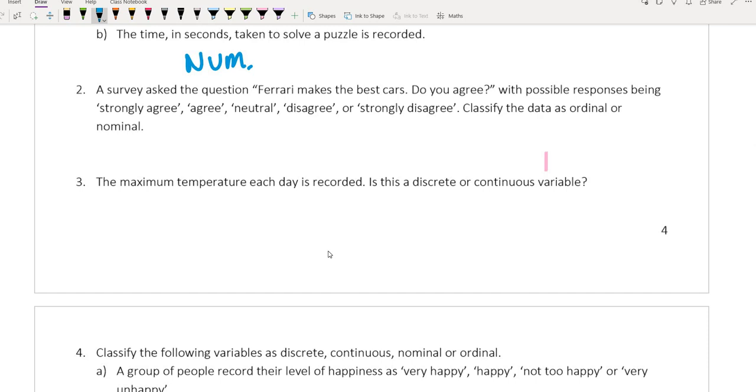And the next question is a survey and ask the question, Ferrari makes the best cars, do you agree? And these are the responses that you're given. So these responses are in categories, so they're categorical. But we also want to know if they're ordinal or nominal. So agree, strongly agree, disagree. Those are in order, as you can probably see. So it's going to be ordinal, categorical, ordinal data.